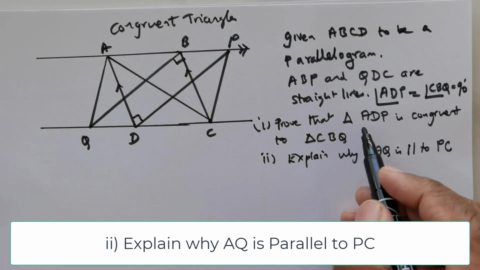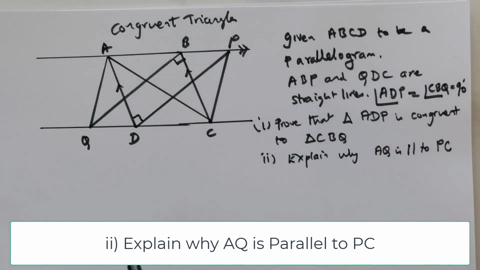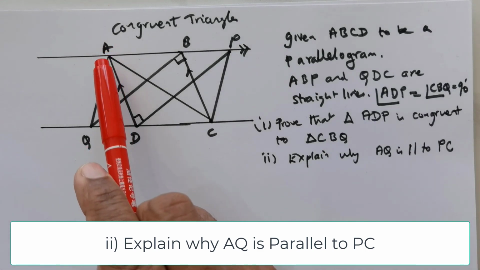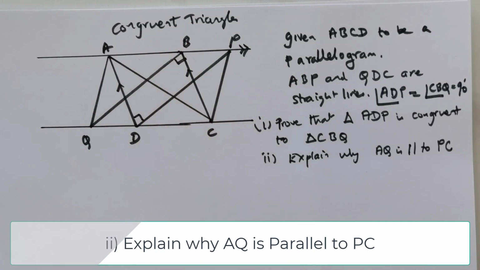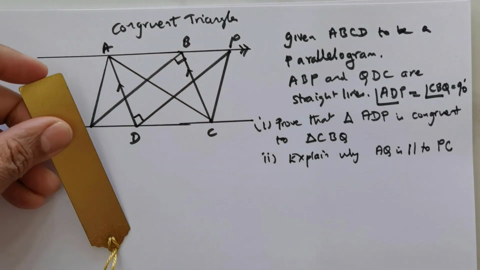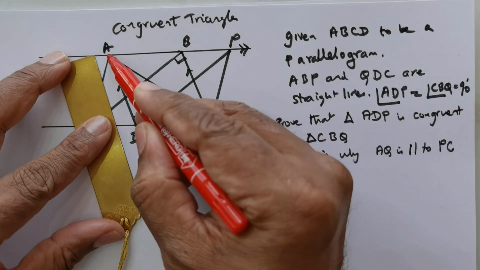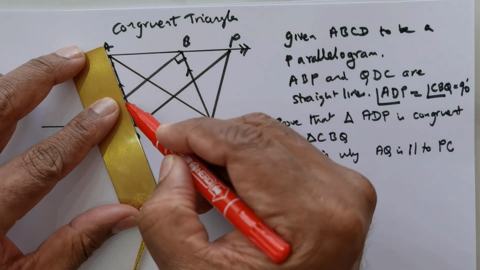So foremost, we are expected to prove that ADP. So let me draw the triangle ADP. Now before we go ahead, we've been given ABCD to be a parallelogram. So you can either highlight them with gentle dashes, right?